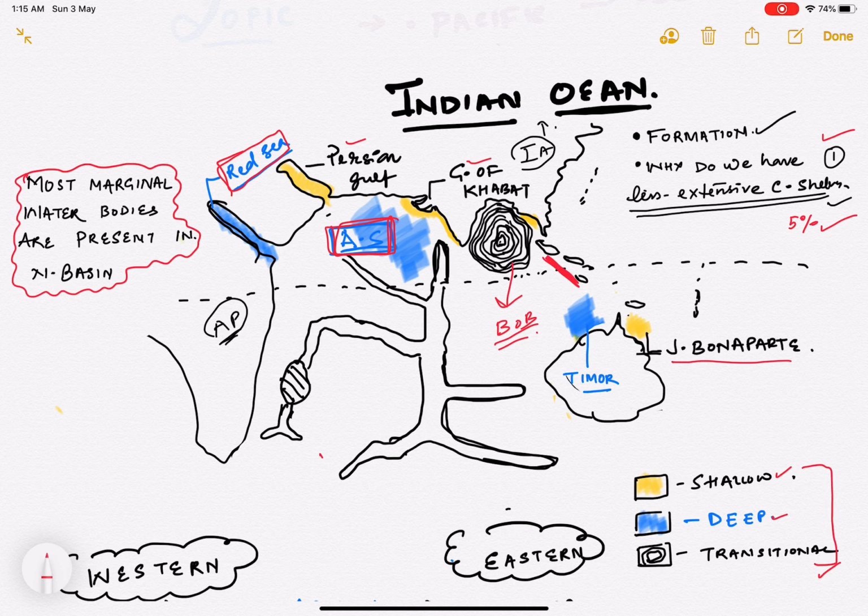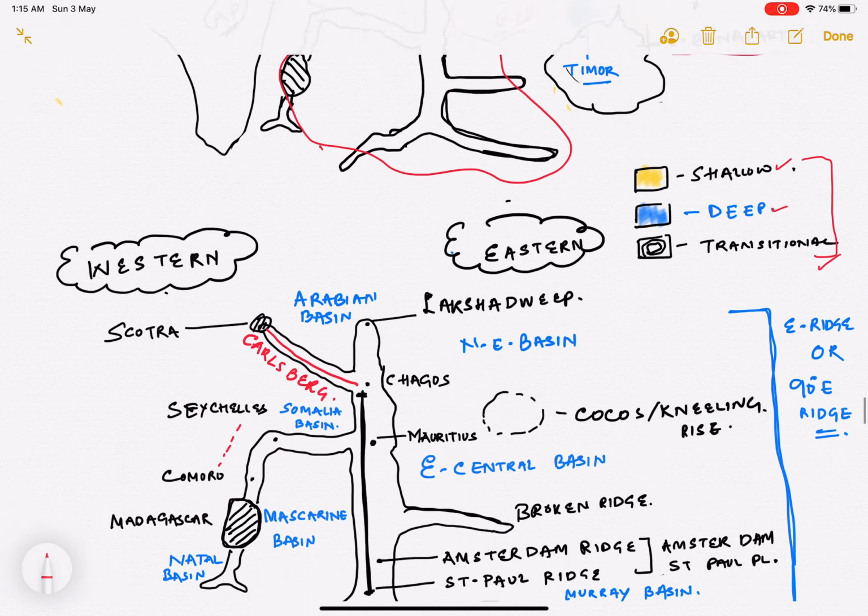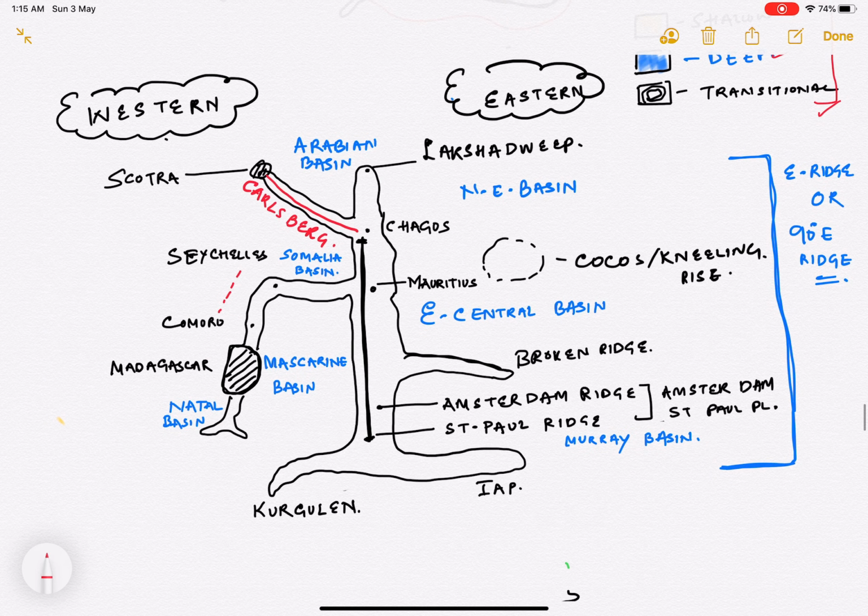Next, let's discuss the entire ridge of the Indian Ocean, first the longitudinal profile. The ridge is completely extensive, from Lakshadweep up to the South Atlantic Ocean. This total longitudinal extension divides the entire Indian Ocean basin into two parts, your western and eastern part.